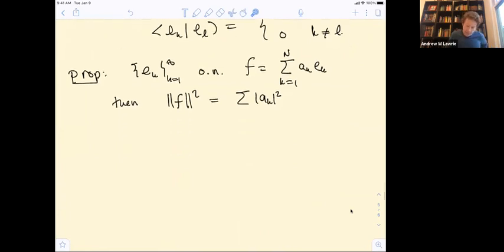So we next get to the notion of a basis.